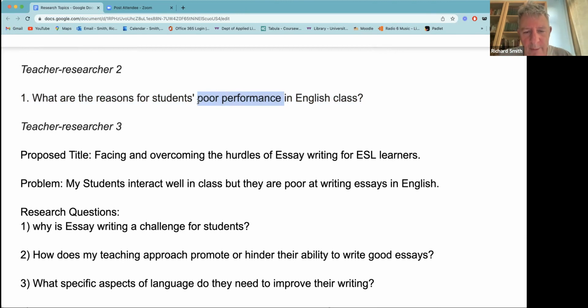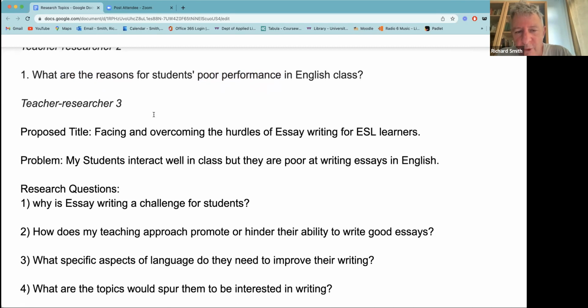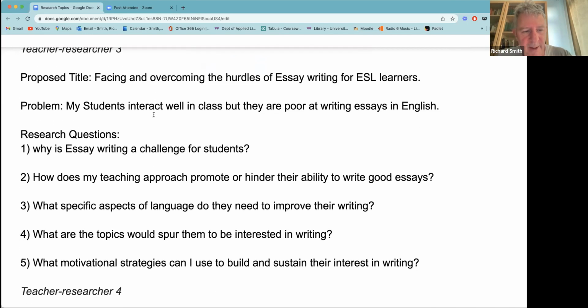So when you say poor performance, do you mean in speaking? Do you mean maybe in writing? What sort of performance do you mean? And just make that a bit clearer. And so then again, I'd suggest that you have one question at least, which is what do students say are the reasons? Or what do students say is difficult, let's say, for writing or speaking or whatever it might be?